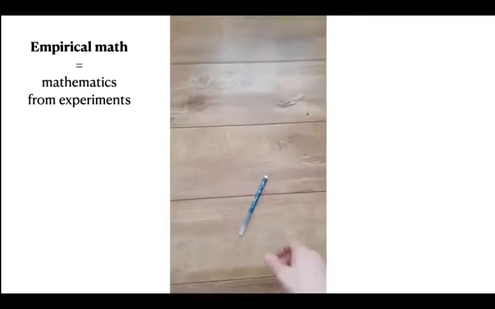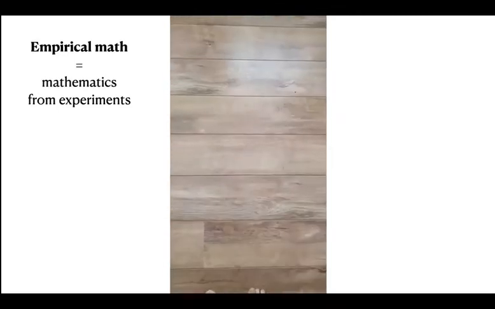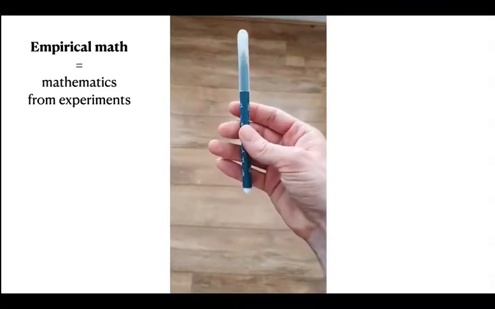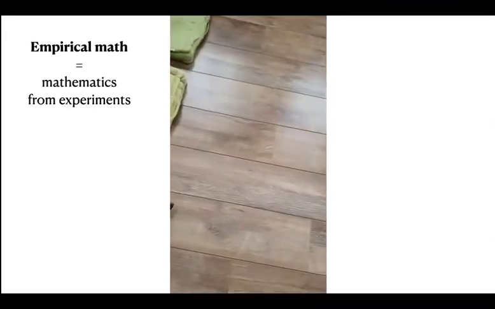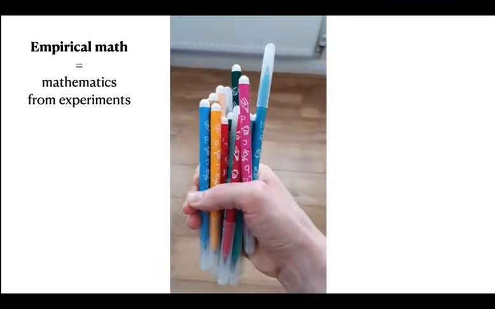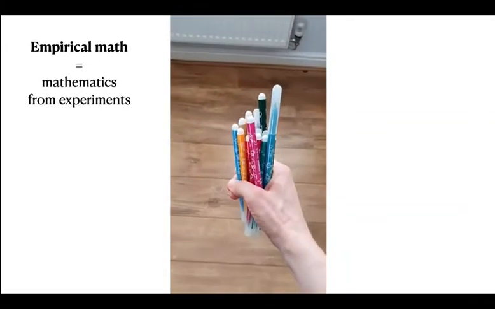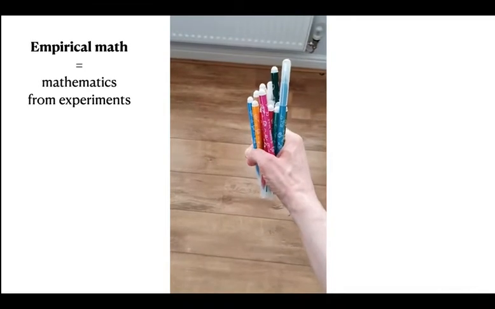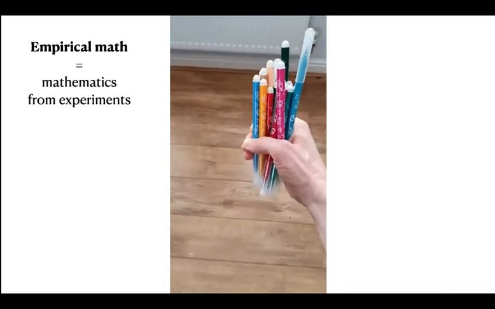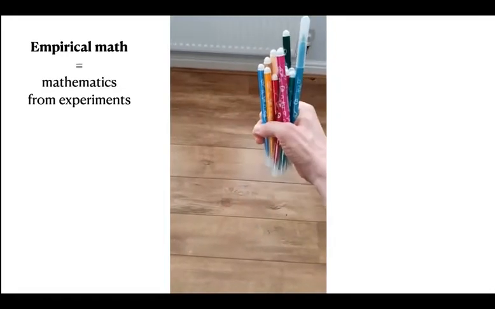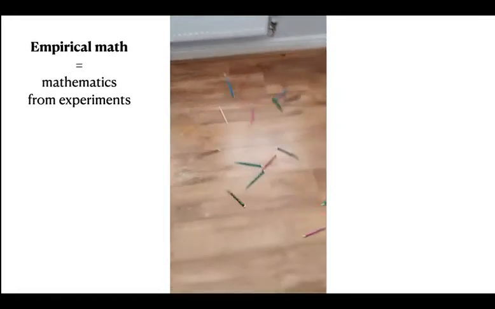Now, it turns out these are my kids' colored pens, and I've got more of them, a bunch of them like this. So what you could do is essentially do the same, but instead of doing one experiment 20 times, you take 20 pens and drop them like this.